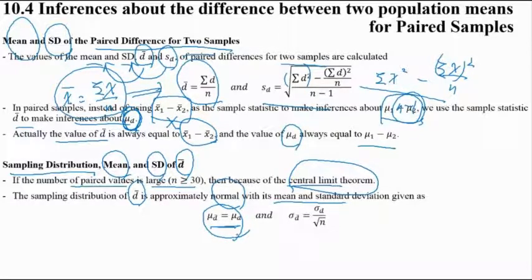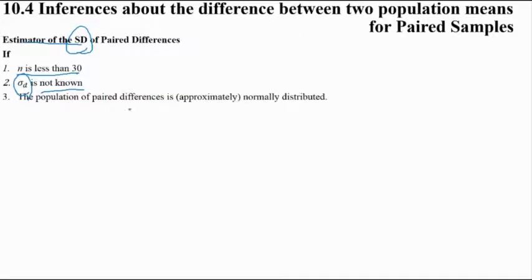Like before, we need to estimate the standard deviation. There are three conditions: first, n should be less than 30; second, sigma is unknown; and third, the population of paired differences should be normal.